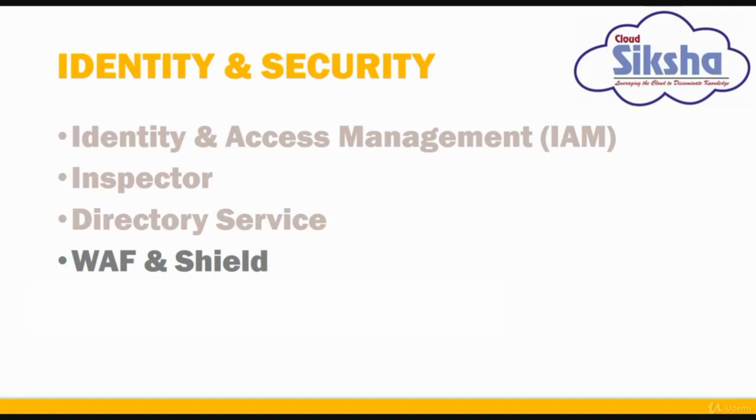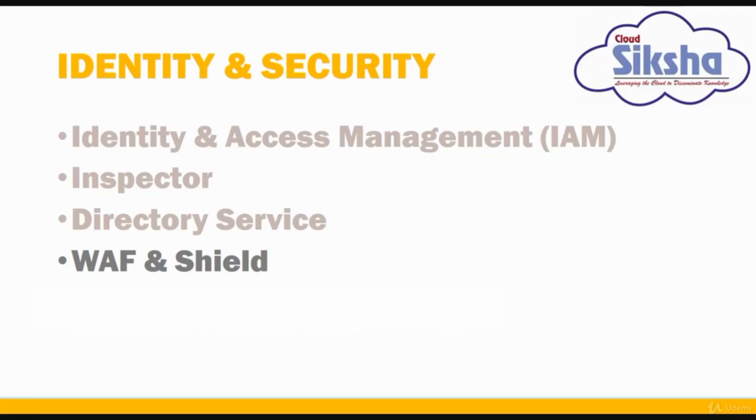You can define your own customizable web security rules. So you create such common rules and block certain patterns, such as, say, SQL injection or cross-site scripting. So you will ensure that these common attacks are blocked by you using WAF.